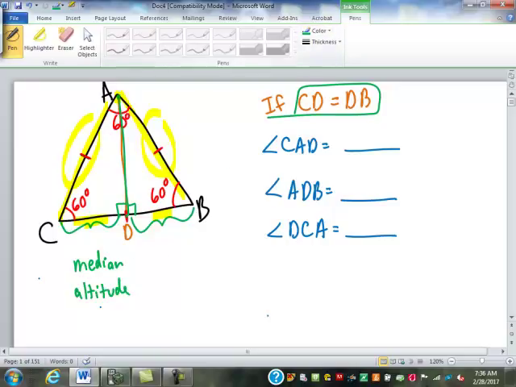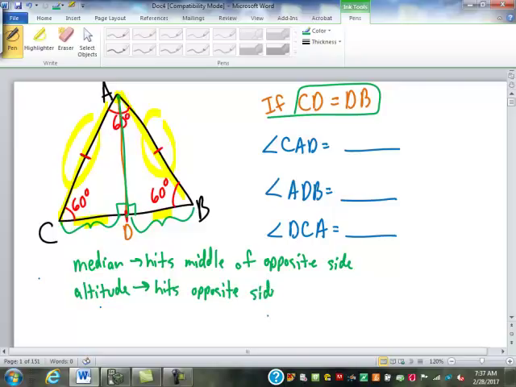A median, remember, hits the middle of the opposite side. In other words, it cuts the opposite side into two equal pieces. An altitude hits the opposite side at a right angle.